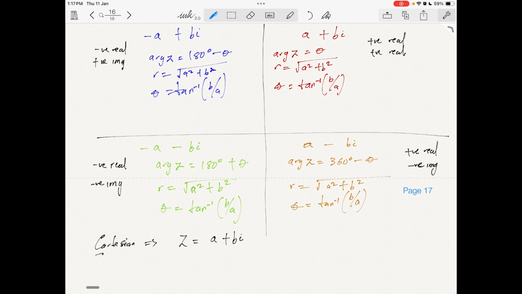Then in polar form, our z is equal to r times cos theta plus i sine theta. As the case may be, the theta here will begin to change, and we can also write it as r argument z.